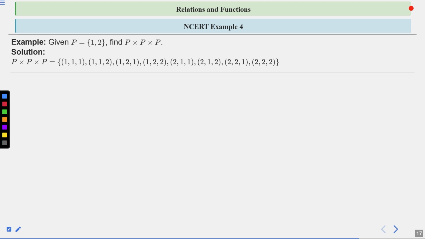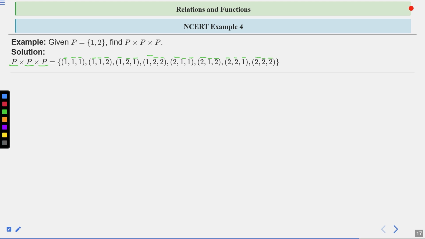If you recall the remark, you have to collect ordered triplets in which the first, second and third positions all come from the P set. So (1,1,1), (1,1,2), (1,2,1), (1,2,2), (2,1,1), (2,1,2), (2,2,1) and (2,2,2).